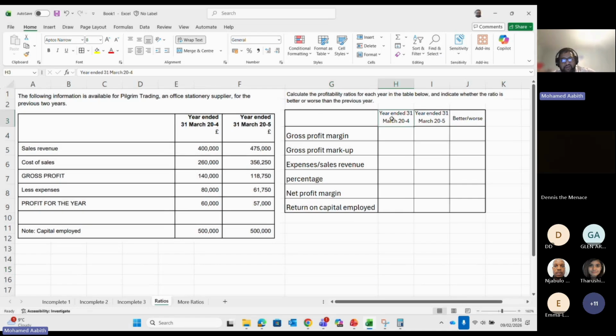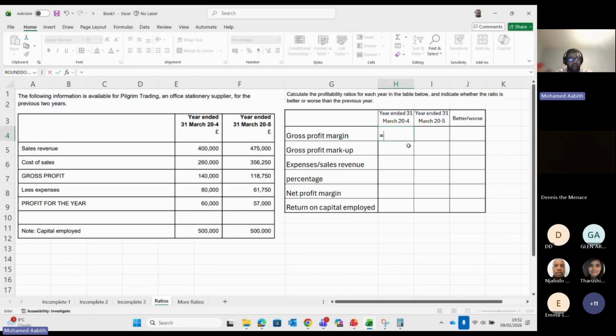So we have 2024 and we have 2025. Let's say here gross profit margin. How am I going to calculate it, guys? It's going to be all percentages, isn't it? So therefore, it's going to be calculated as a percentage. I'm going to consider sales revenue and cost of sales in this scenario.